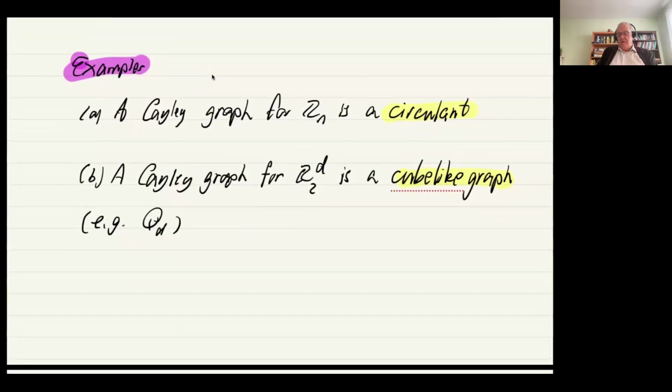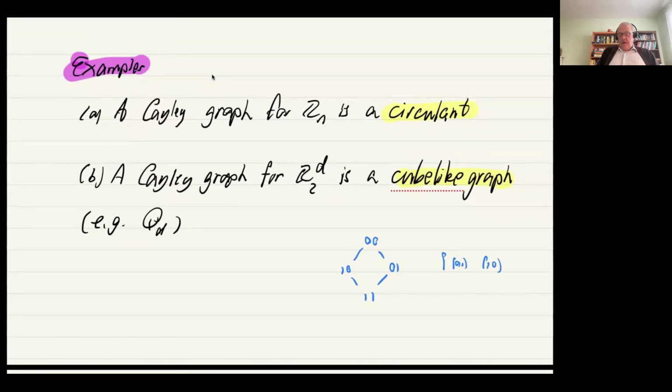Since it's easy, I can do it here. So there's the 2-cube.